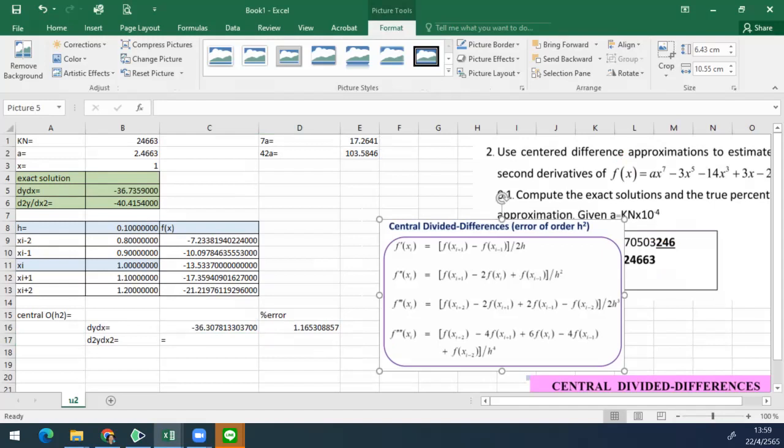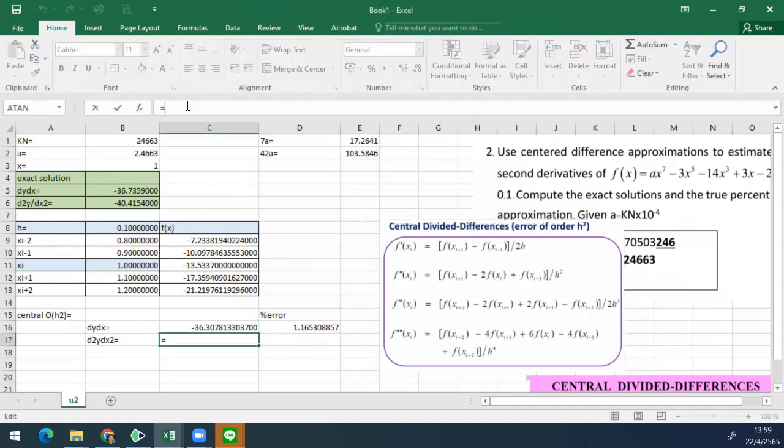Okay, and then d2y/dx2 is equal to what for this case? It is f(xi plus 1), minus 2 f(xi), plus f(xi minus 1), and divided by h squared.